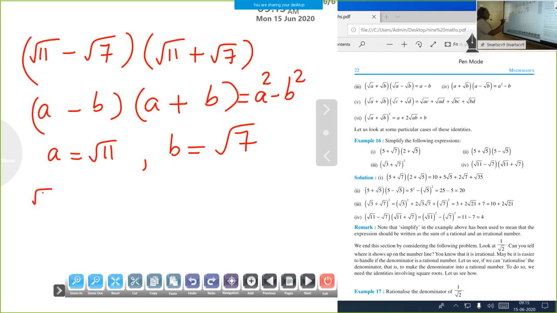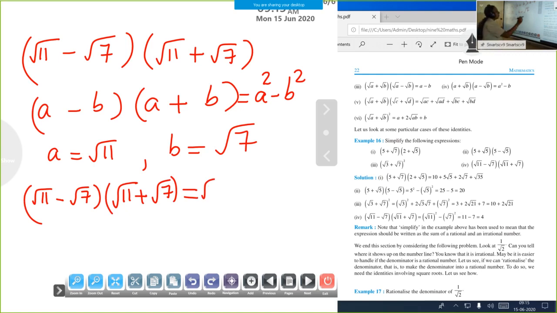So our question (√11 − √7)(√11 + √7) equals a² − b². a² is √11 into √11, and b² is √7 into √7. √11 into √11 becomes √121, and the root 121 is 11.